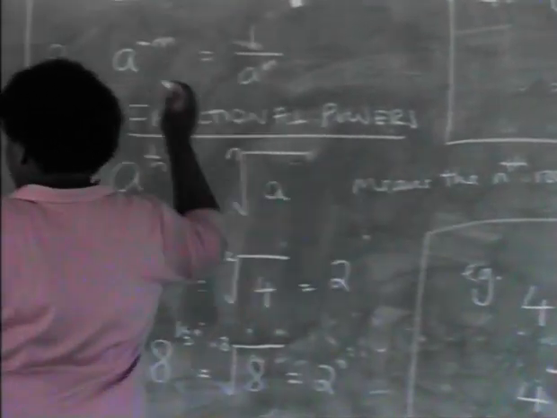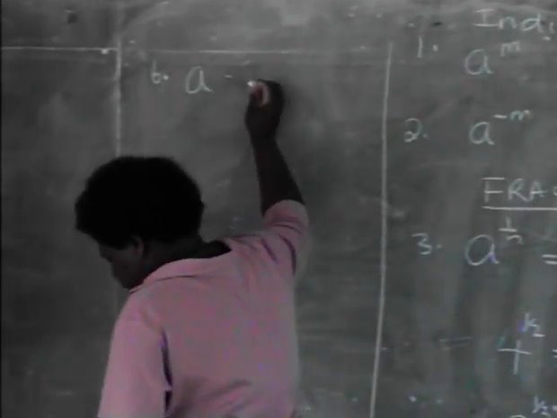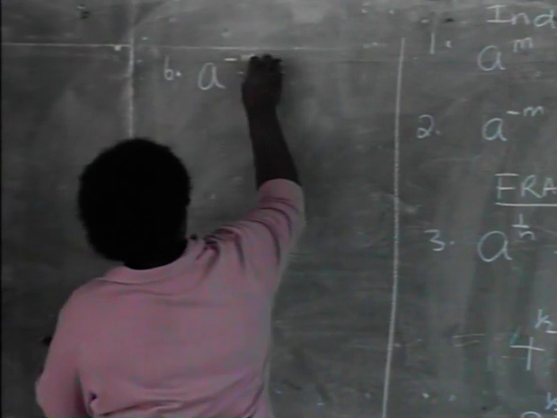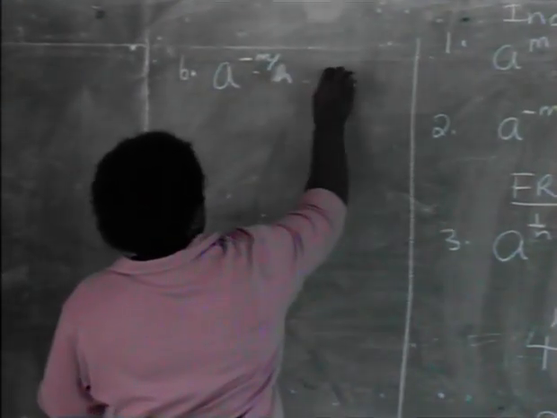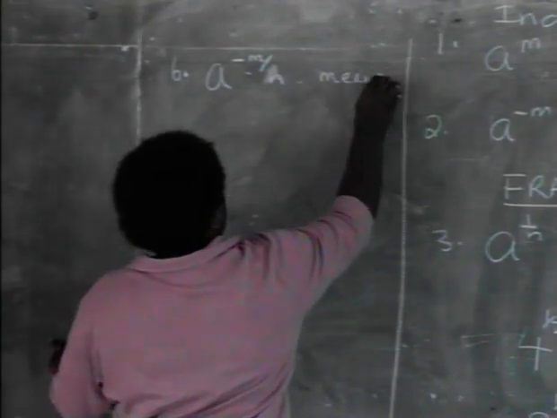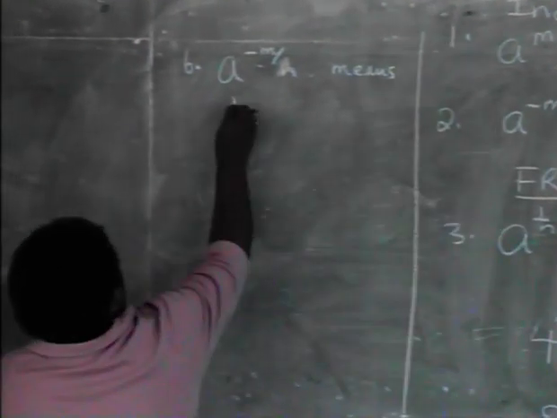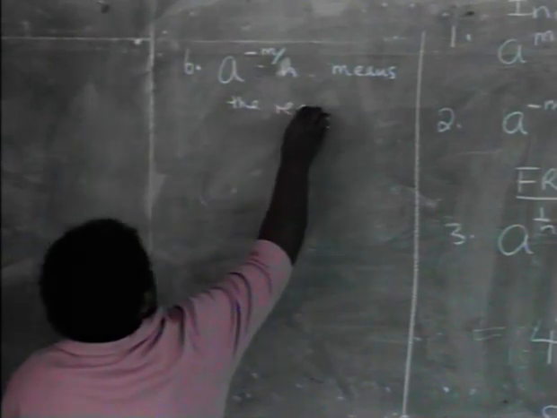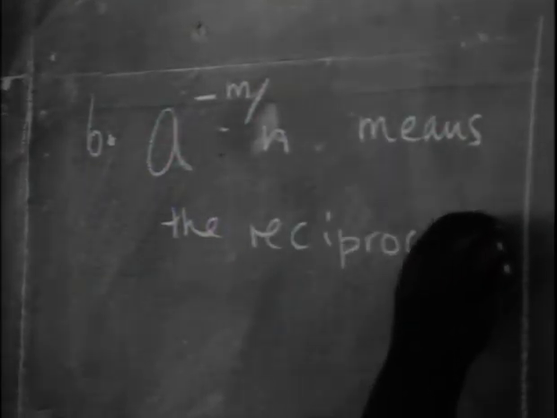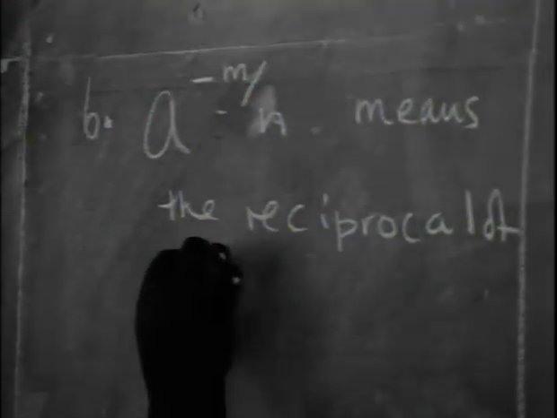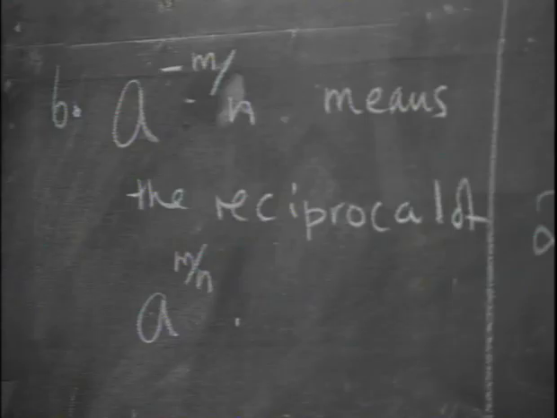A to the power of minus m over n, again, this means the reciprocal of a to the power of m over n.